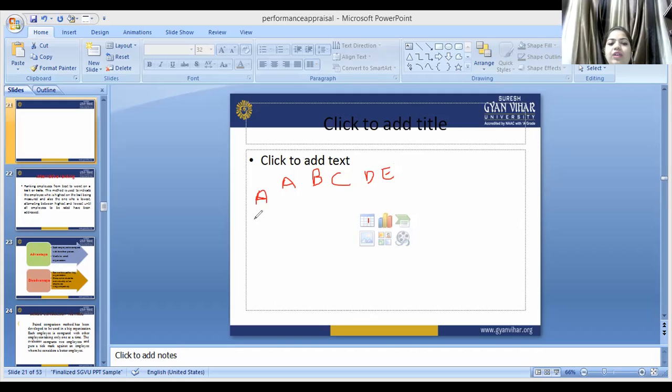Then we will compare each one with the others, and on their performance we get the final result.